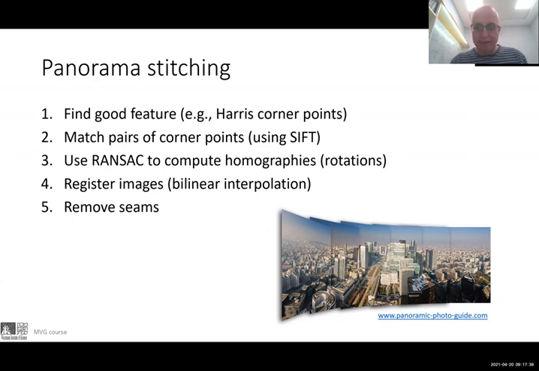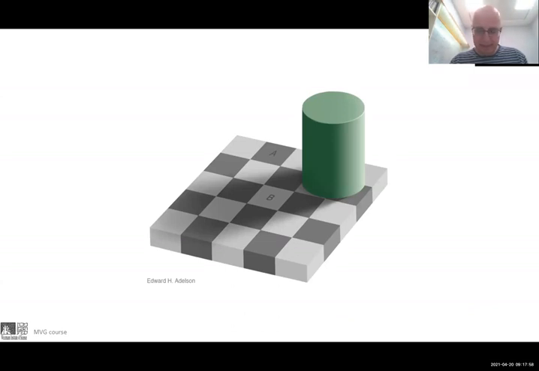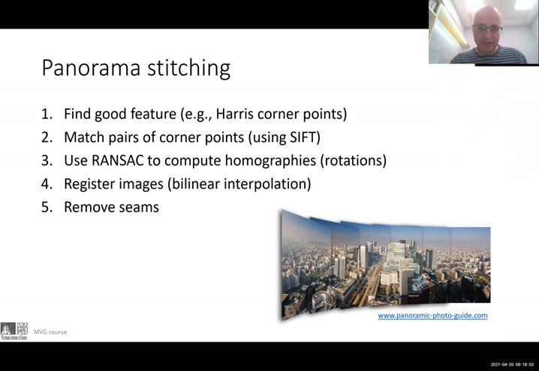The main thing is to achieve registration between the images, align them, and once they are aligned, you remove seams, you make them look like a single picture. So let's start. The first question is how do we achieve registration?